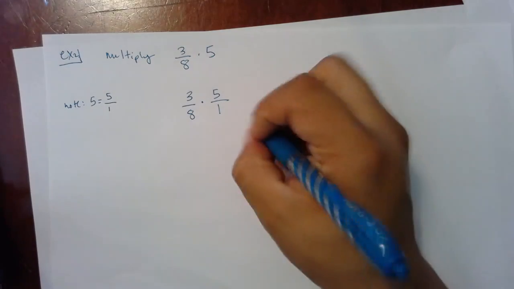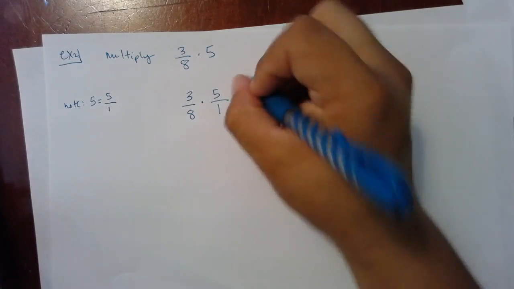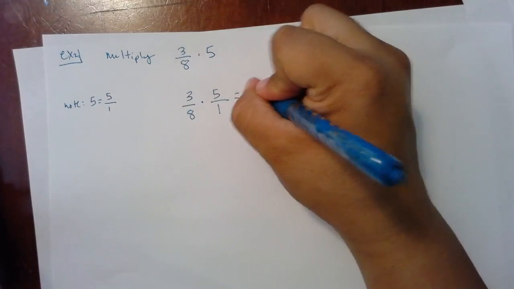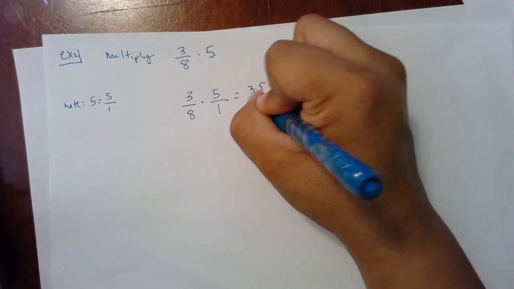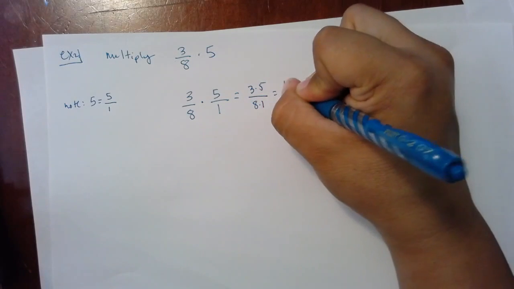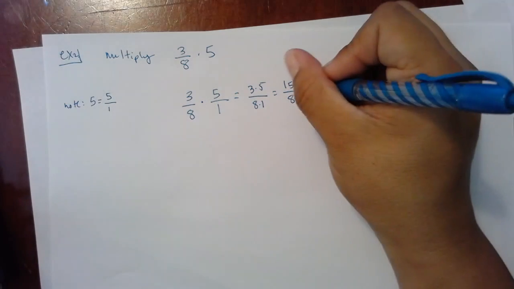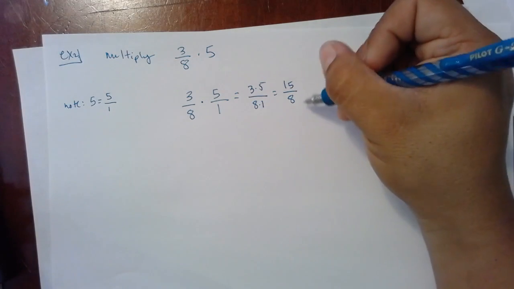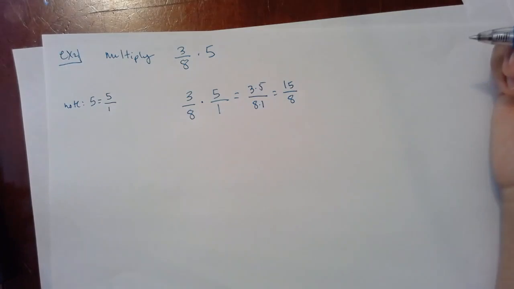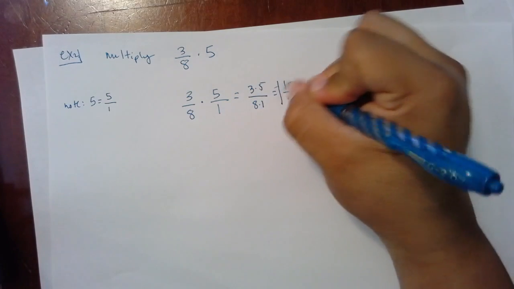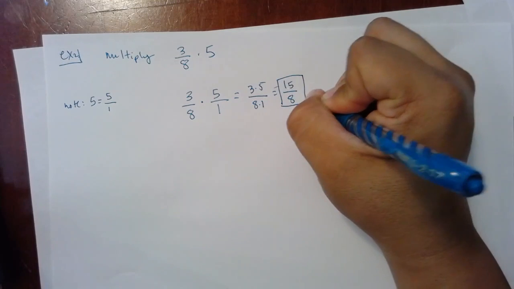Now we can use our rule, which is 3 times 5 over 8 times 1, and that gives us 15/8. Can we reduce this fraction at all? Remember, we were talking about prime factorization and seeing if they have common factors. In this case, they do not, so we just leave it as is.